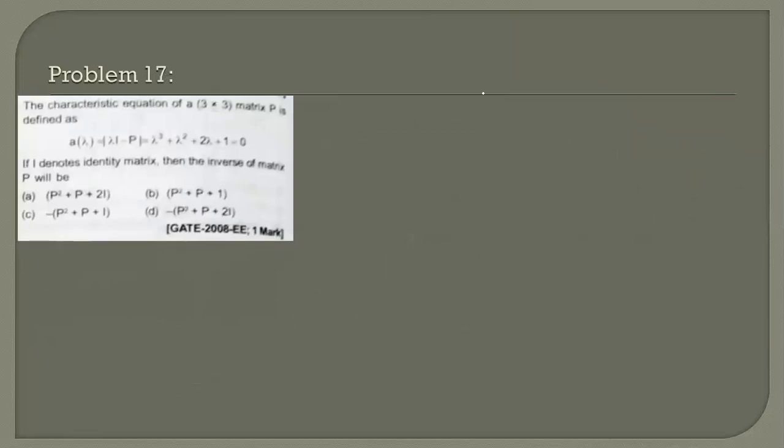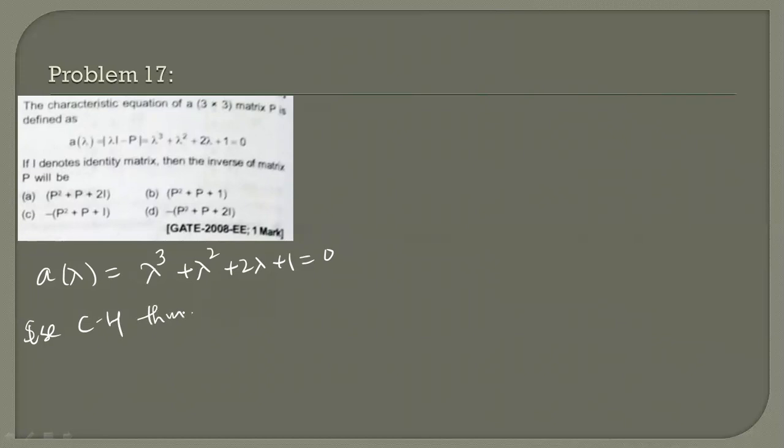Problem 17. The characteristic equation of a 3 cross 3 matrix P is given as lambda cube plus lambda square plus 2 lambda plus 1 equal to 0. Find the inverse of matrix P. You know the statement of the Cayley-Hamilton theorem: every square matrix satisfies its own characteristic equation.